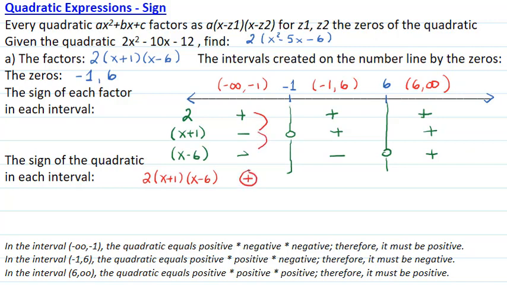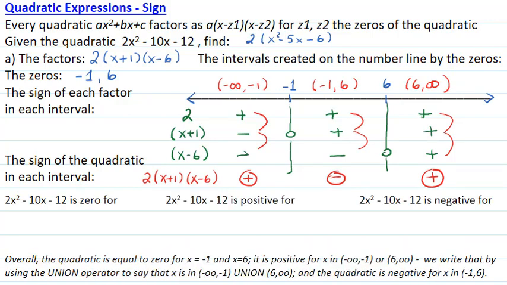That makes it positive. In the interval negative 1 to 6, it is positive times negative times positive. That will make it a negative. And in the interval from 6 to infinity, it will be a positive times a positive times a positive, which will make it a positive.